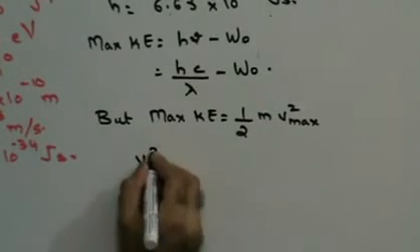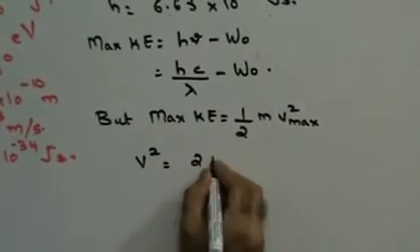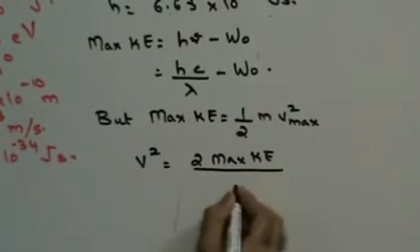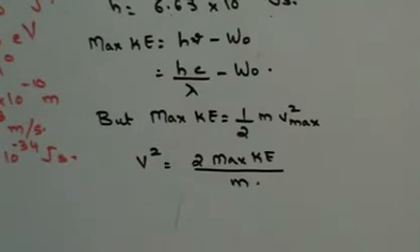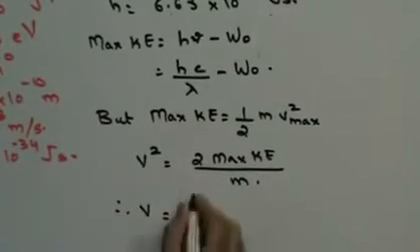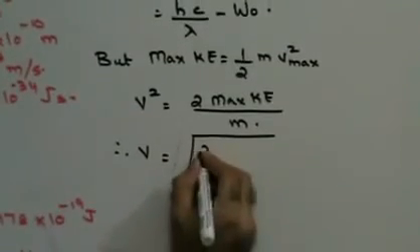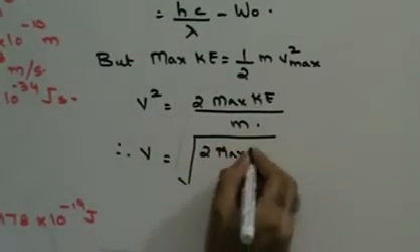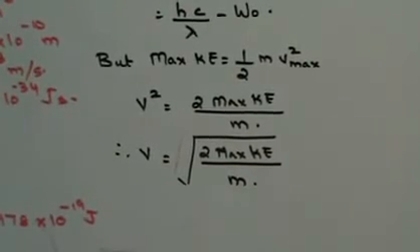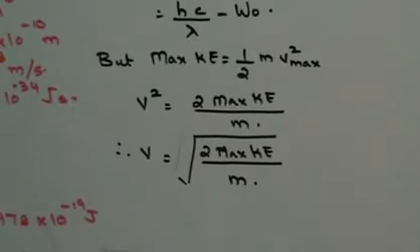Therefore, I can say that v square is twice max KE divided by m. Therefore, maximum velocity of electrons is going to be square root of 2 maximum kinetic energy upon mass of the electron. Mass of the electron is given to you. Maximum kinetic energy you found out.